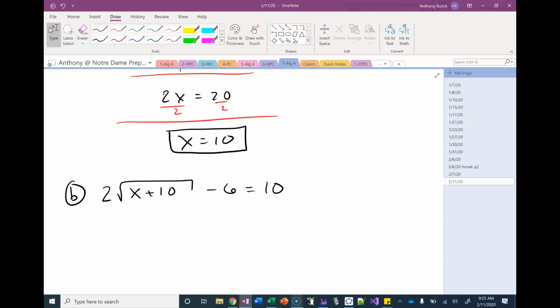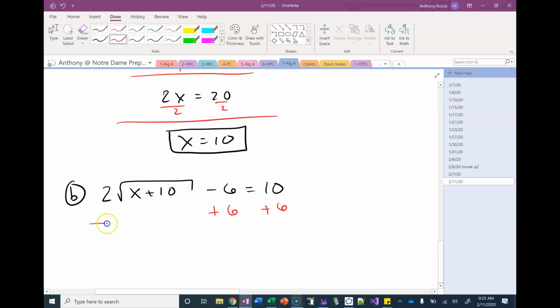Any ideas? So the first thing I'd want to do is to isolate the radical part.